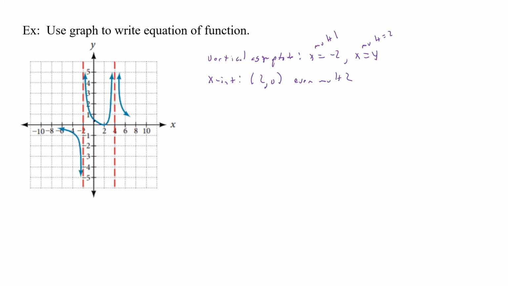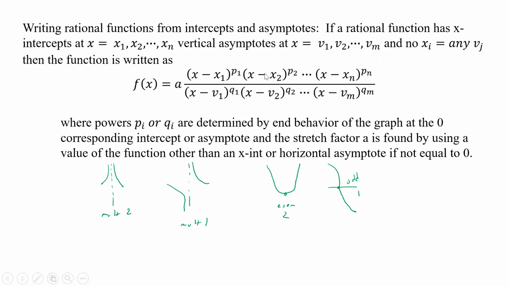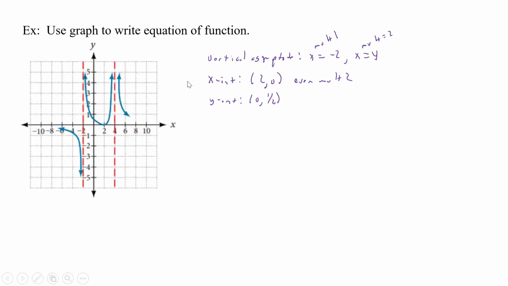It looks like right here, that looks like we have (0, 1/2). Okay. And that's going to be our y-intercept. So I think we have about as much as we need. And now what we're going to have to do is write into this formula and we'll have the a out front. So we actually have to solve for that a to get the final function.